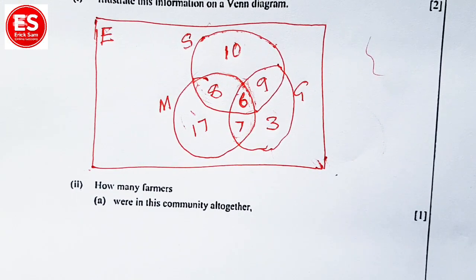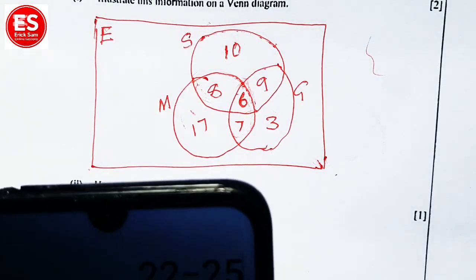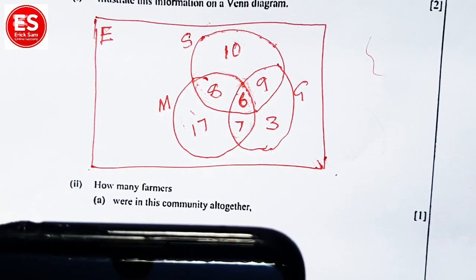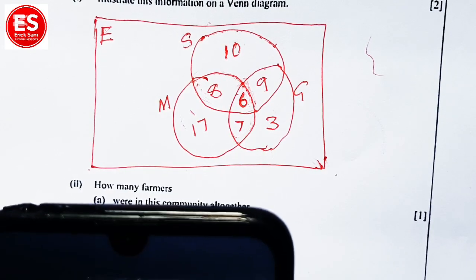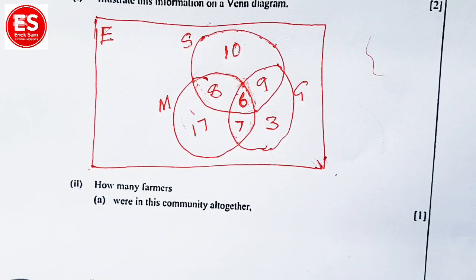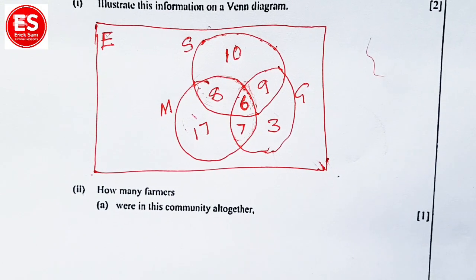They're saying, how many farmers were in this community? So we just add the numbers there as they appear. Okay, so we have 10 plus 8 plus 6 plus 9 plus 3 plus 7 plus 17.